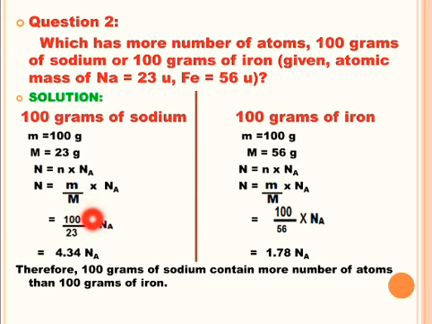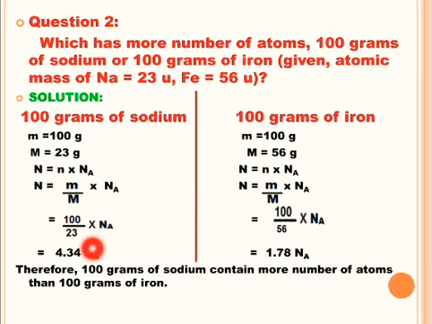Students, you can put value of Avogadro number, that is 6.022 into 10 raised to power 23 here, or you can simply keep Na as such, because we have to find out which has more number of atoms, 100 grams of sodium or 100 grams of iron. So divide 100 by 23, you will get the value 4.34 Avogadro number.